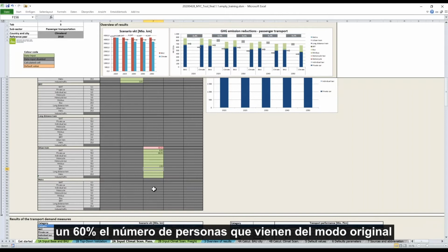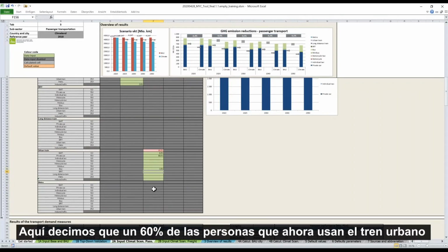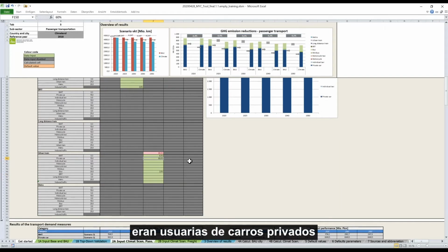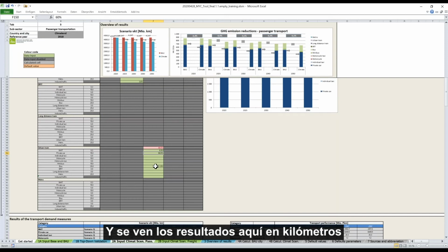So we say that 60% of the persons that are now using the tram were previously car users, private car. And you see the results here. What does it mean for you actually in kilometers?